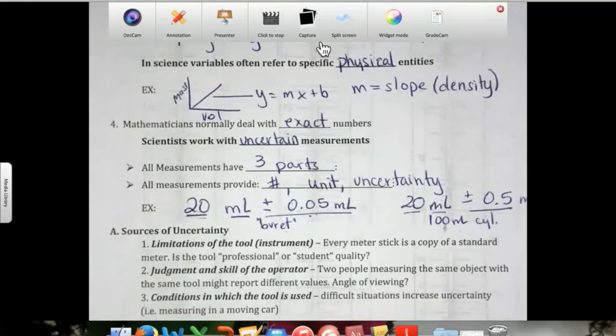Other things are not. So if you're using maybe a plastic beaker, it might be a little bit less precise than, say, a glass beaker because there's a different quality there. Judgment and skill of the operator also factor in, just like we did in our activities. Some students got 95.2 milliliters and some students got 95.5 milliliters.